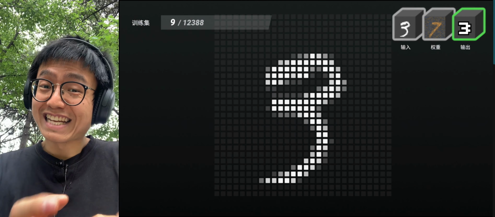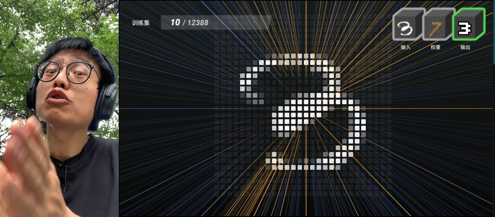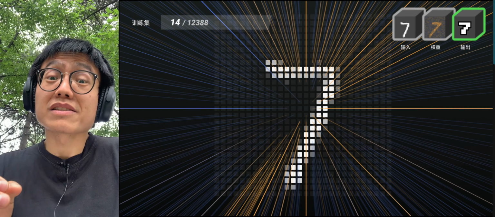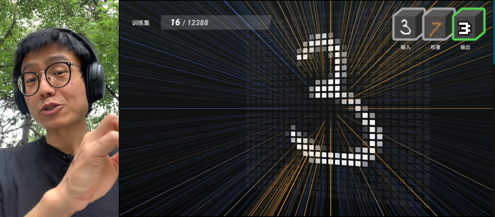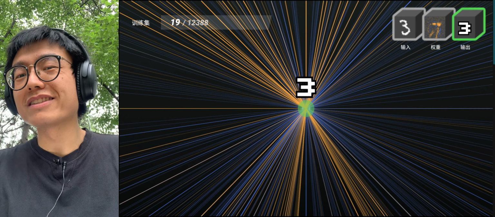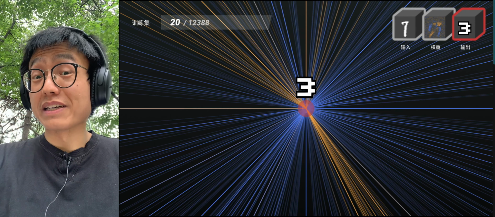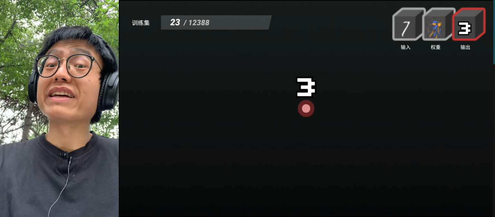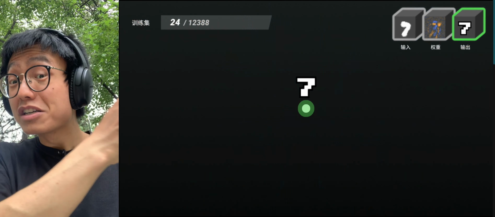If the weight is negative, the line is blue. If the weight is positive, then the line appears orange. The 784 lines are connected to this output point. If our machine's judgment is right, it will glow green. If its judgment is wrong, it will glow red.